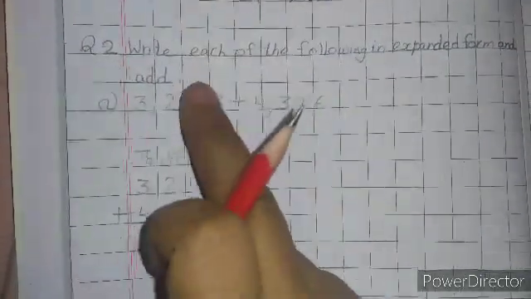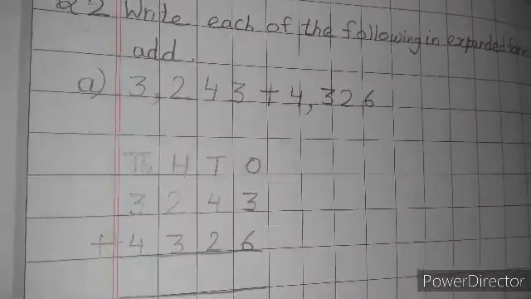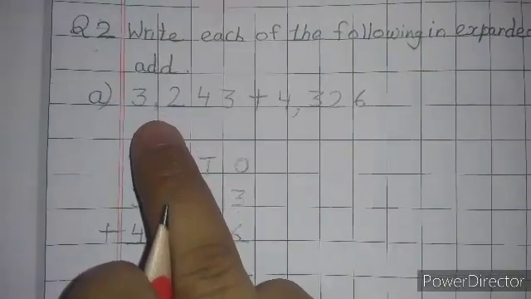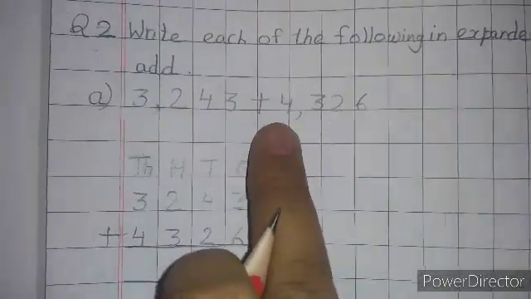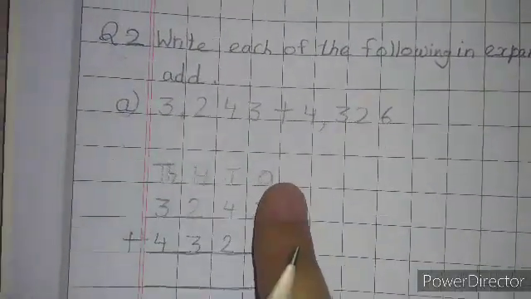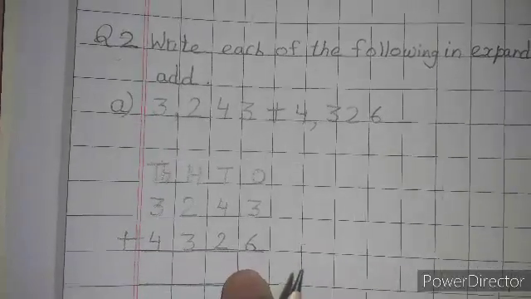The question says write each of the following in expanded form and add. The A part says 3243 plus 4326. So first we have to put it in column under ones, tens, hundred and thousand like this.